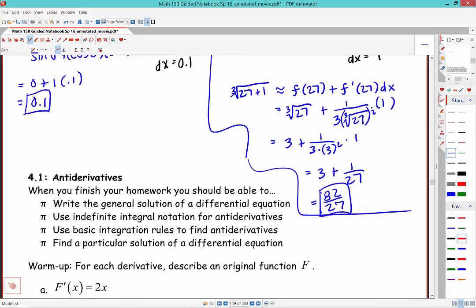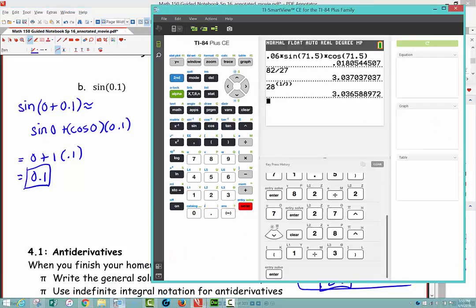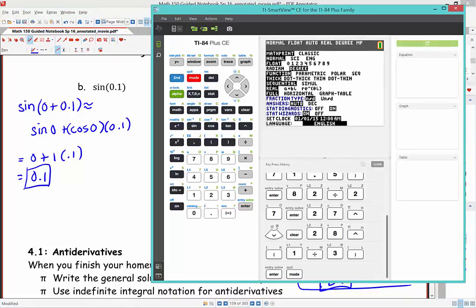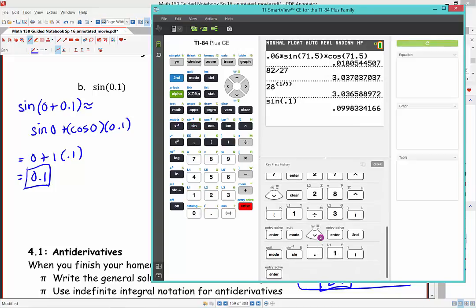So the original was sine of 0.1. Now be careful, I'm going to have to switch back into radian mode. Okay. So we have sine of 0.1 was the original that we're trying to estimate. It's 0.0998. And isn't that pretty close to 0.1, which is what we got?